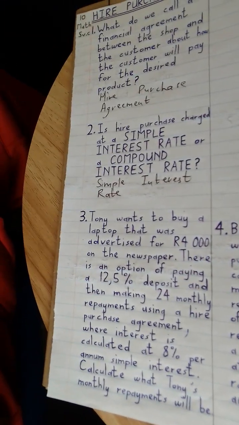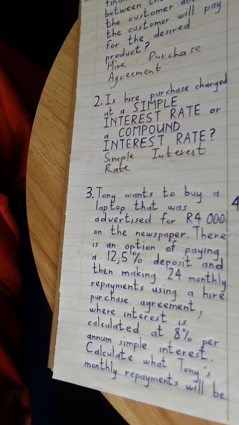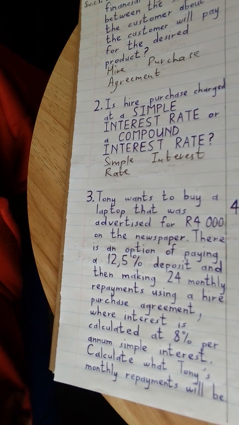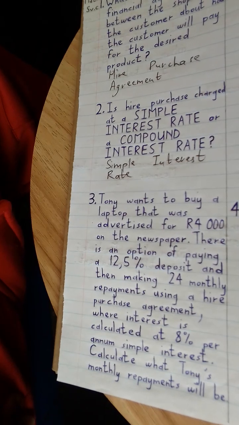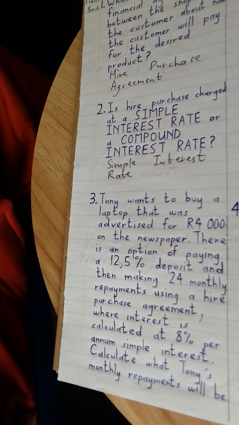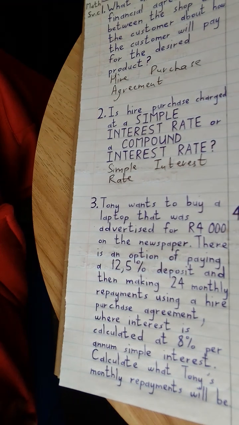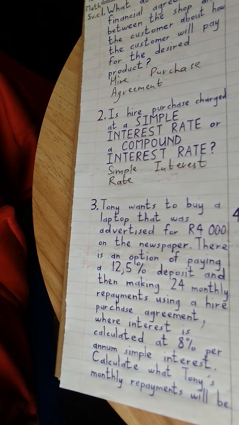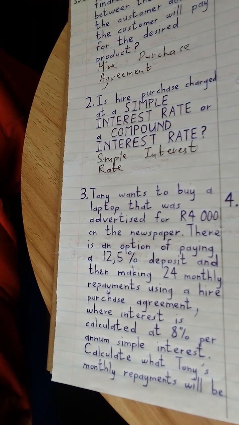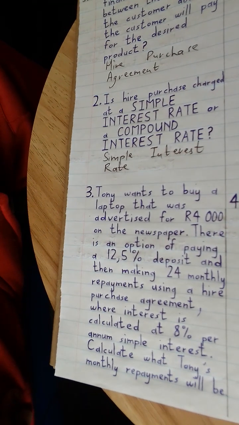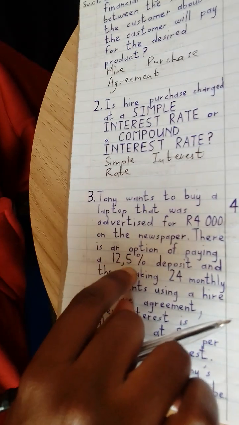So number 3 states, Tony wants to buy a laptop that was advertised for 4,000 Rand in the newspaper. There is an option of paying a 12.5% deposit and then making 24 monthly repayments using a hire purchase agreement where interest is charged at 8% per annum, simple interest. Calculate what Tony's monthly repayments will be. Okay, now this is hard. So first, there's a 12.5% deposit, right?